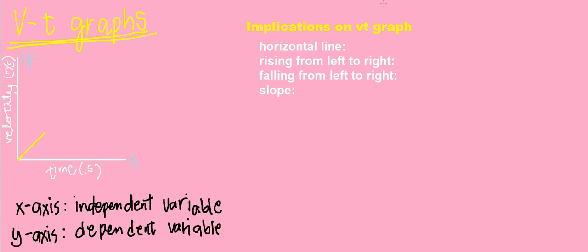Based on the simulation, when you have a horizontal line for a VT graph, this implies a constant velocity. While if it's rising from left to right, this implies an increase in velocity, and therefore you have a constant acceleration.